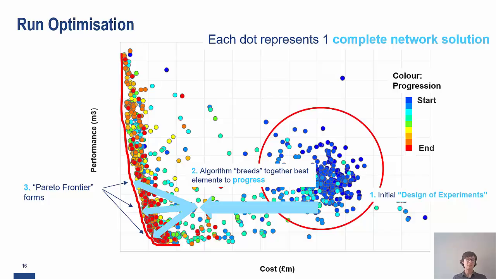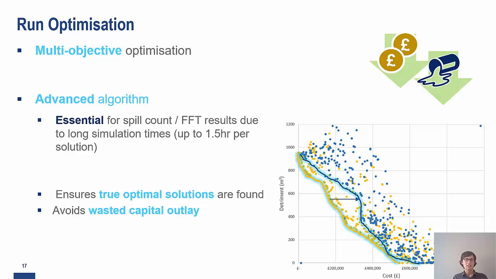Pareto frontier just means it's the most cost-effective solutions, the optimal ones. And when points begin to cluster, you can see the algorithm is struggling to get any further. Then we've got some good confidence that's as far as it can possibly get, and that is the true most cost-effective solutions available.